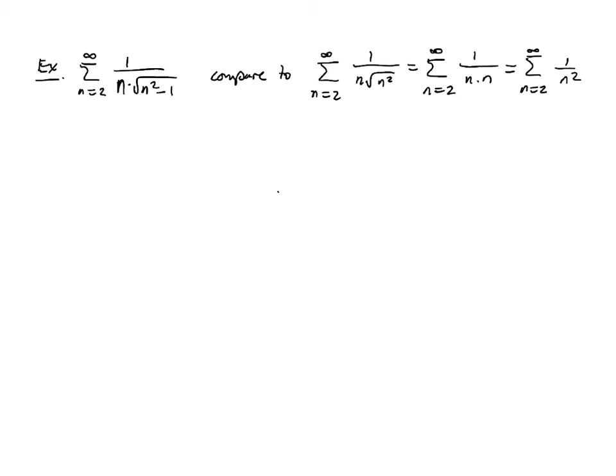And this is a p-series with p equals 2, so we know that it converges. And so our suspicion is that the series that we started with converges as well.